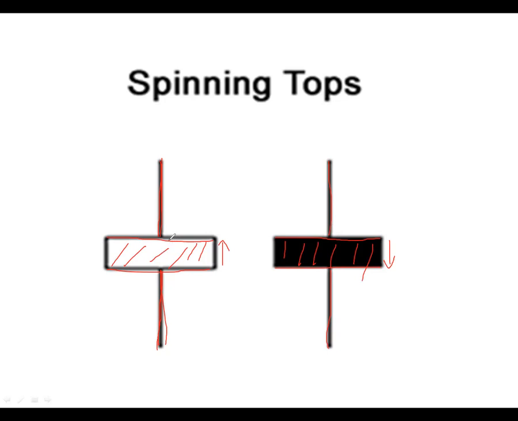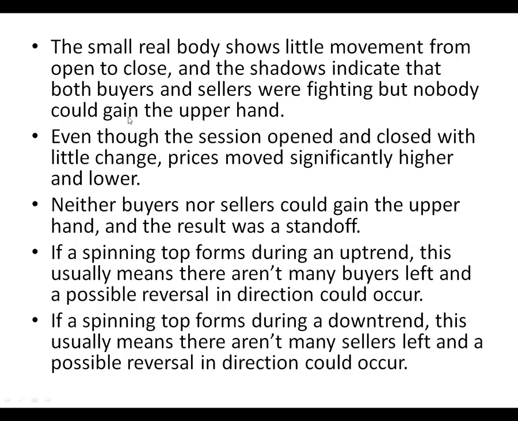When you see a candle like this, which is a spinning top, the buyers are not in control and the sellers are not in control. So if none is in control, how do you trade the market when you see such a spinning top? Now listen, the small real body shows the movement from open to close.